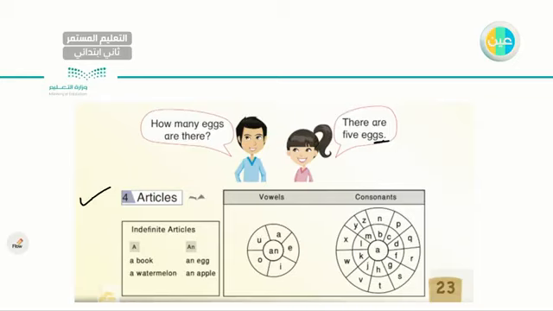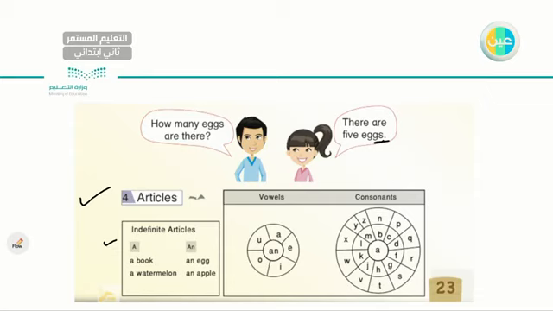Identifying articles. As you can see, I have a and an. When do I use a? It gave me 2 examples here. A book, a watermelon. Remember, I use them only with singular, just one. A book, a watermelon. An egg, an apple. An egg, an apple. It gave us here all the English letters.